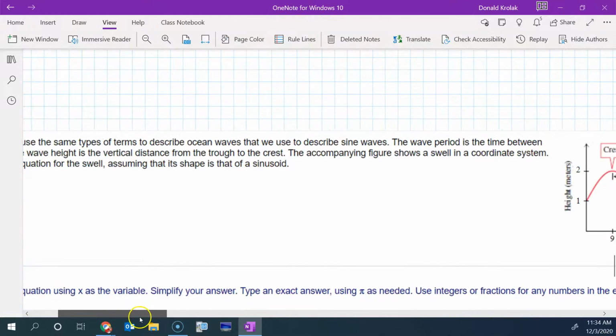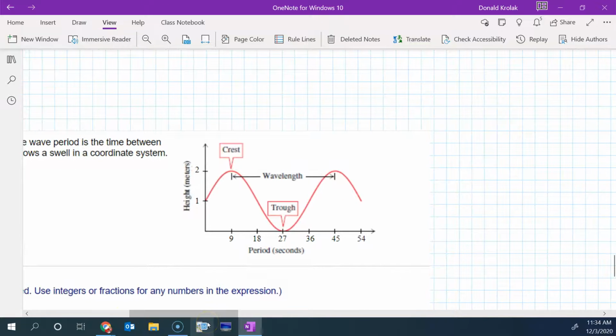We're trying to find the equation for this ocean wave. You get your high and your low. You're going to use your numbers, but A is equal to the max minus the min, cut in half.